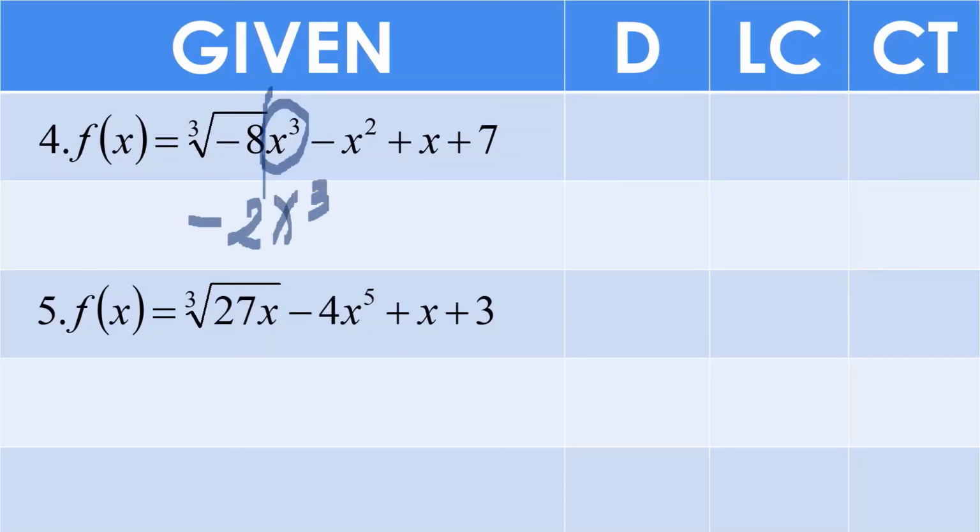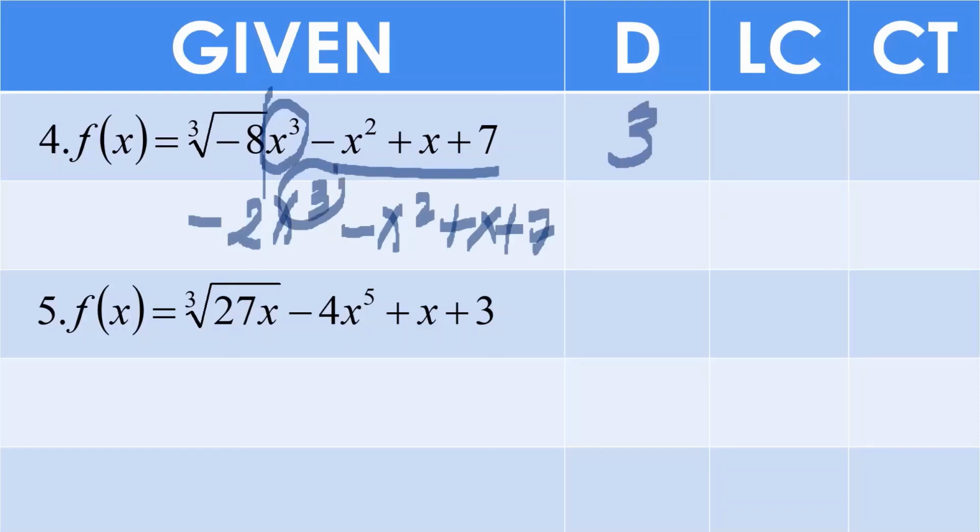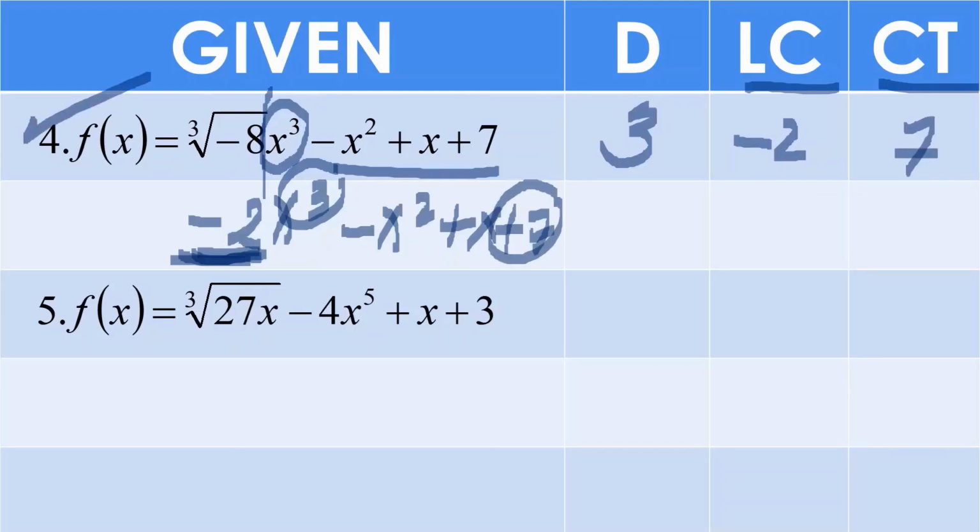So simply copy x cubed and then the remaining terms, negative x squared plus x plus 7. So here the degree of the polynomial is 3. The leading coefficient is negative 2, which is the number beside x cubed. And obviously the constant term is 7. So that's all for number 4, and number 4 is a polynomial.